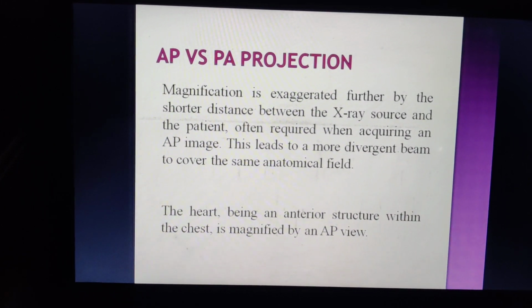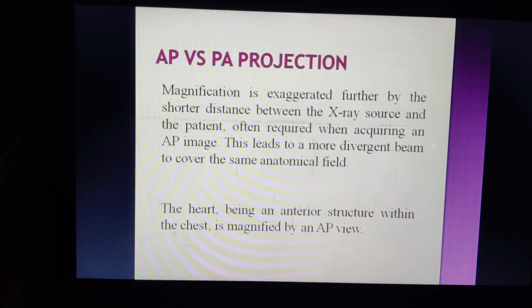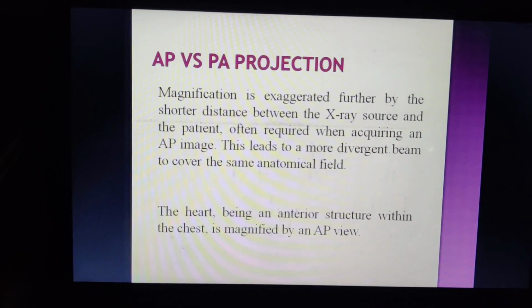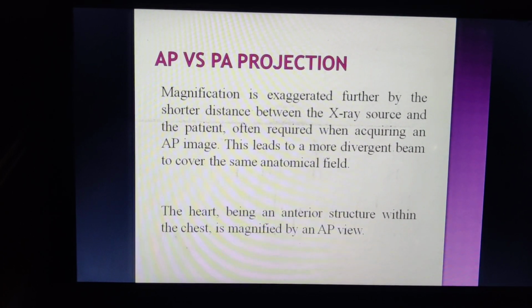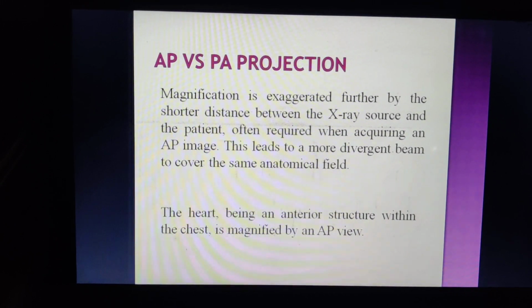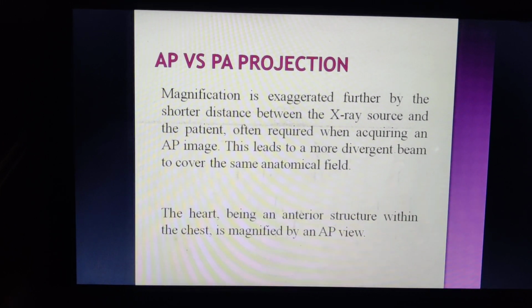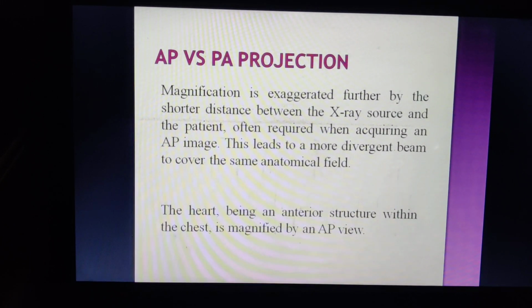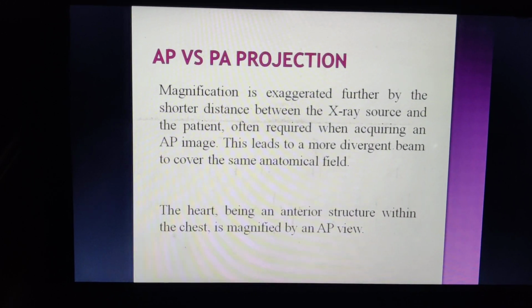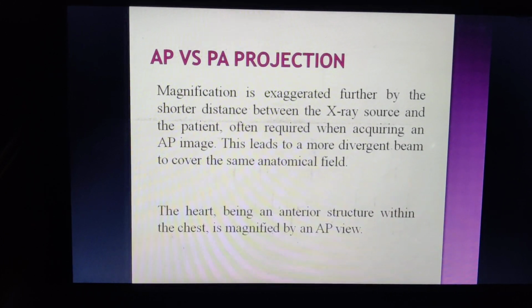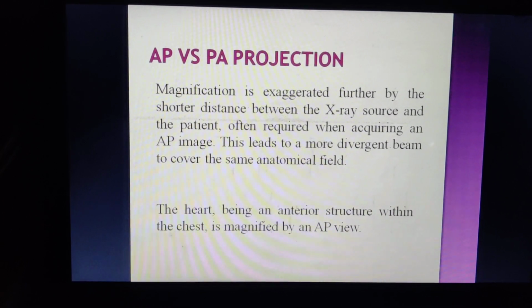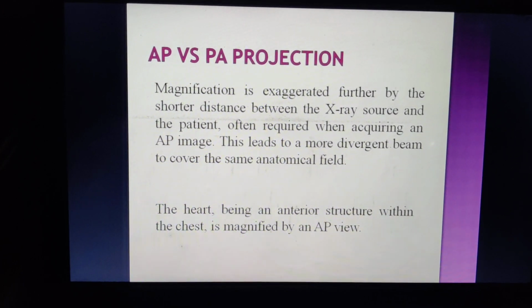And what is the difference between AP and PA view? We have to see that there should be the proper distance between the patient and the X-ray machine. If it is shorter than that, what will happen? There will be magnification and exaggeration of the organ, often required when acquiring an AP image.